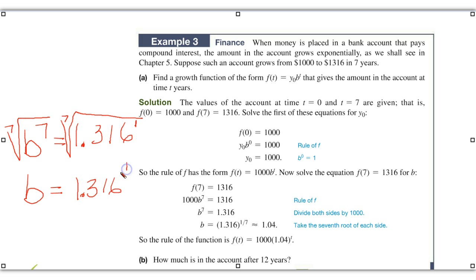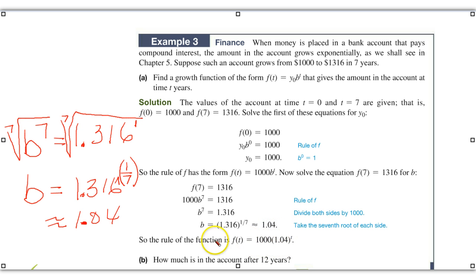The 1 is the numerator, and then our index number becomes our denominator here. So we just go this, caret, and then put this in parentheses, 1 over 7, and then we get approximately 1.04, as they show here.